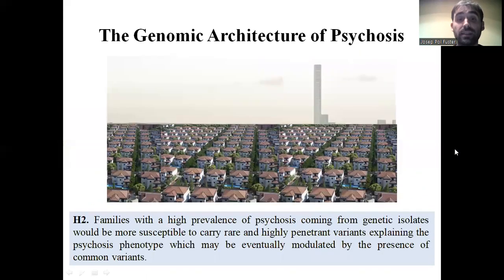In our case, considering we were analyzing families coming from genetic isolates, we hypothesized that psychosis in our families would be the result of a few rare variants of large effect, always bearing in mind that in these families common variation is also present and common variants are also playing an important role. For example, modulating the effect of the rare variants identified.